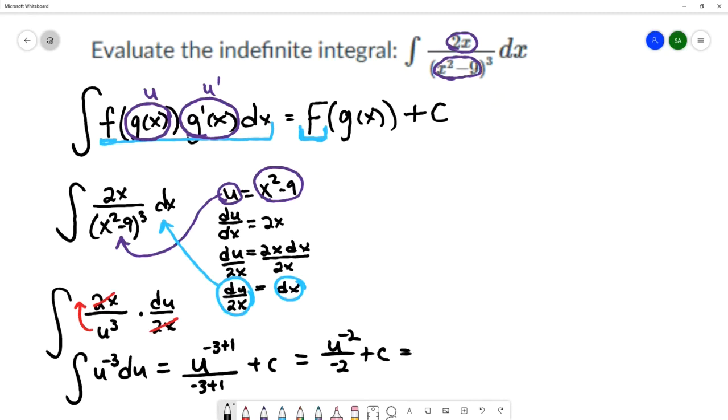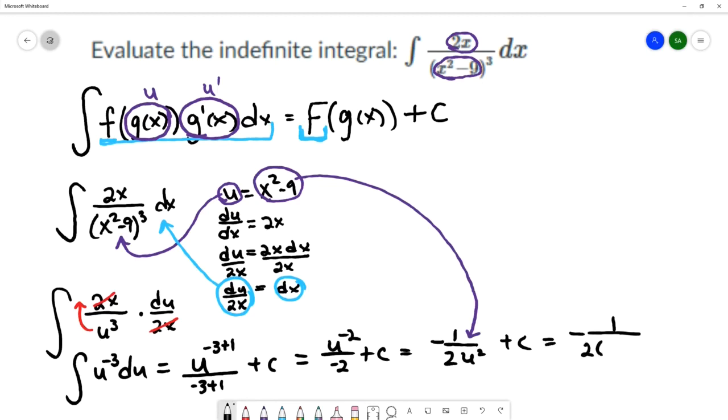If I rewrite this, I would have negative 1/2 u to the negative 2 plus c. And the final thing I want to do is bring back that original variable. We want to have x's instead of u's. So this is negative 1 over 2 times (x squared minus 9) squared, plus c.